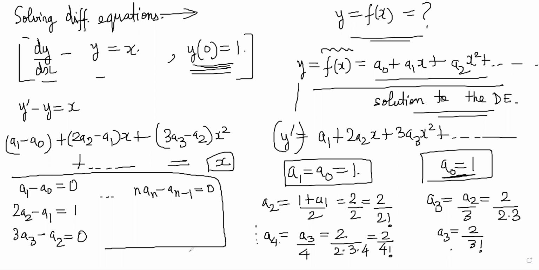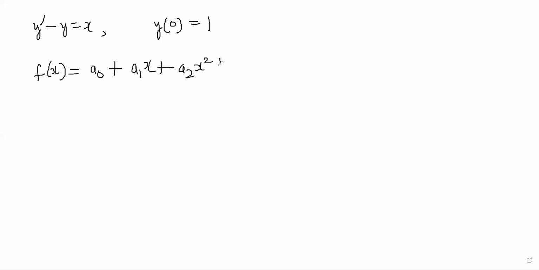So my series solution for this differential equation given y0 is equal to 1 is coming as f of x is equal to a0 plus a1x plus a2x square plus a3x cube and so on, plus an x power n.